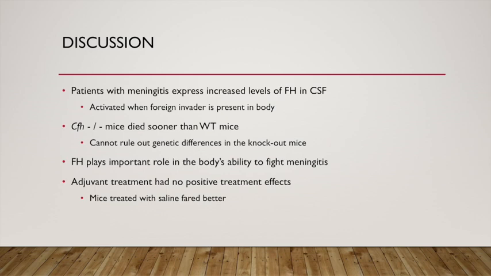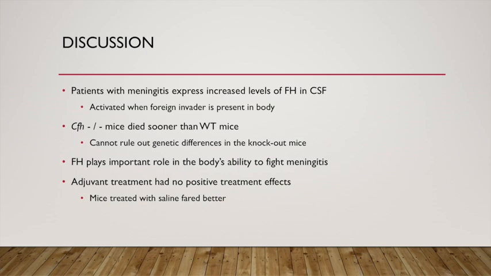Obviously, it would be interesting to see if we would have more effective results if we were to introduce the treatment to humans and not just mice, because the factor H protein in mice is different from factor H protein in humans. That's why it's called human factor H protein. So perhaps it would be more successful in humans.